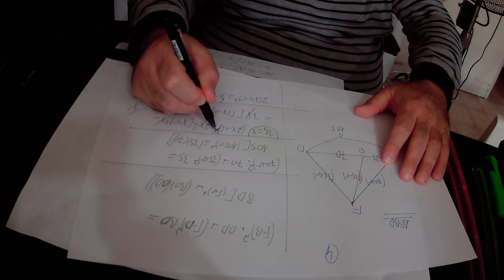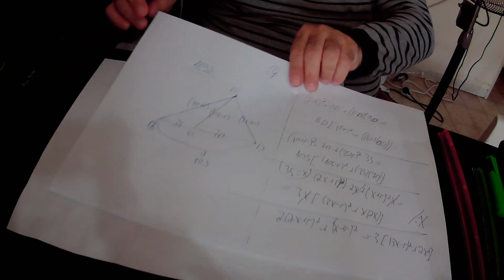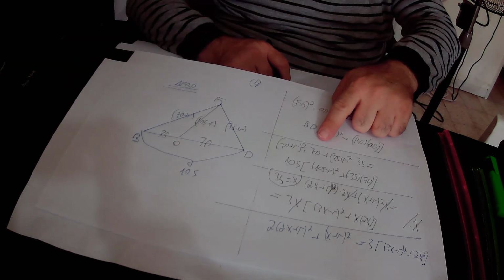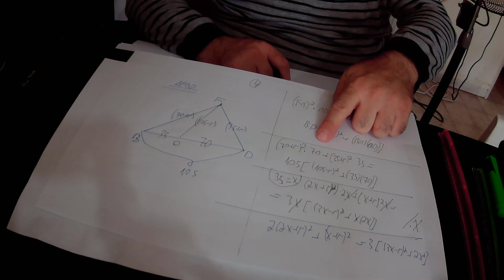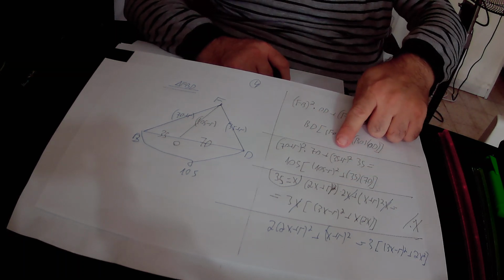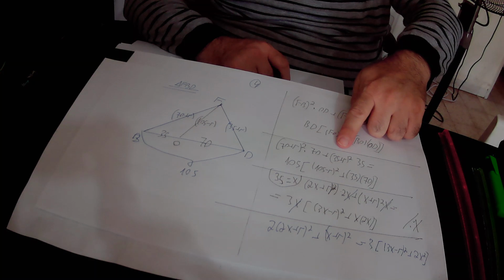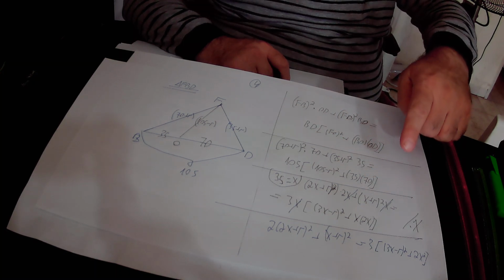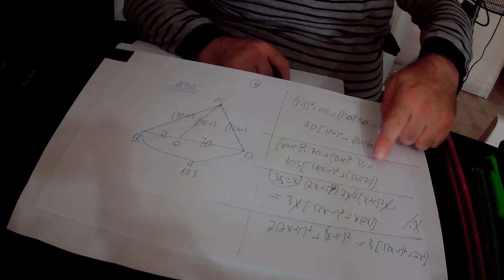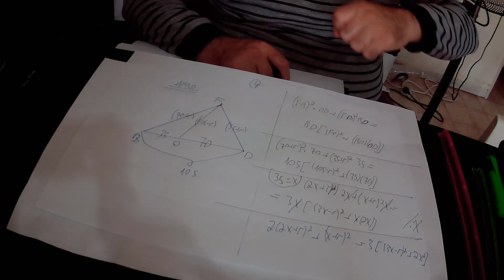The square is outside the brackets, times 70. 70 is 2x, so we substitute 70 by 2x, plus 35 plus r squared. 35 is x, so it is x plus r squared, times 35, which is x.